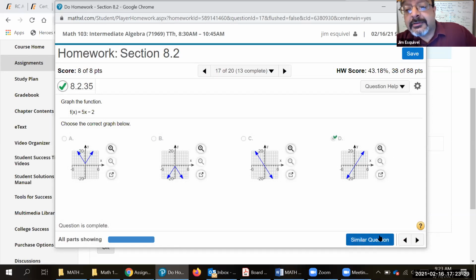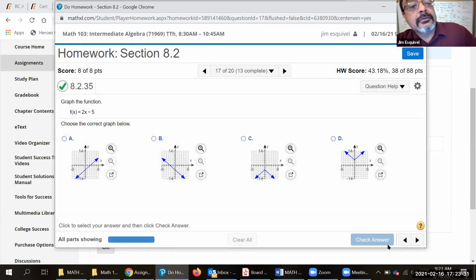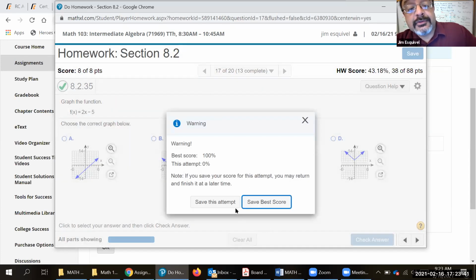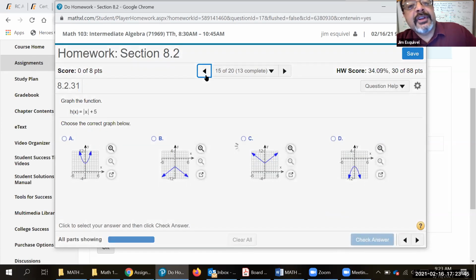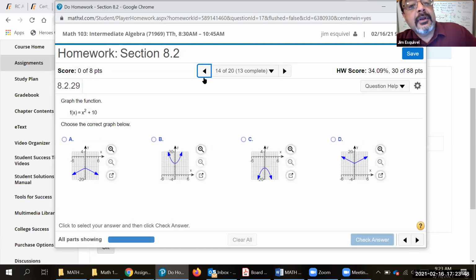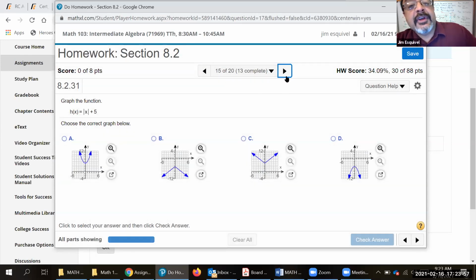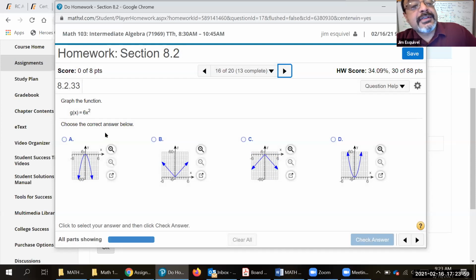So take a look at this. Similar question. The function is 2x minus 5. Compared to the previous 3 problems, 14, 15, and 16, those are all equations that we've never graphed before. 14 is x squared, 15 is absolute value, we haven't done that yet. 16 is another x squared, we haven't done that yet.